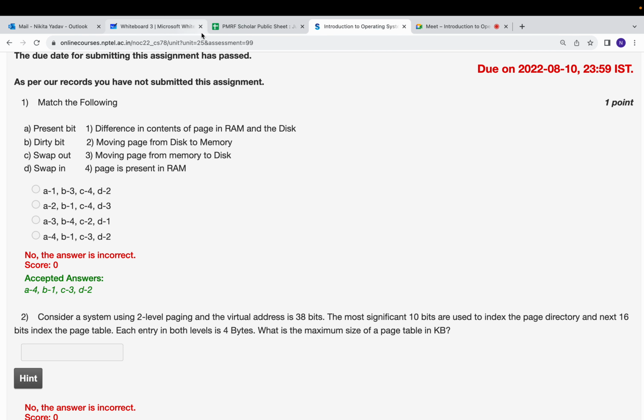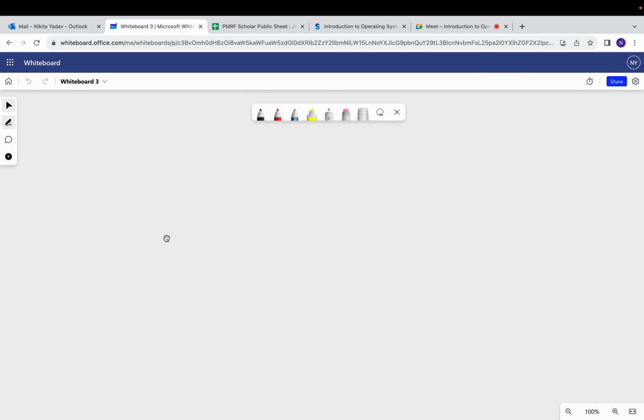But I think you're just confused about the terminology. I think you got the concept and the answer, but you need to be a bit careful about the terms that you're using.